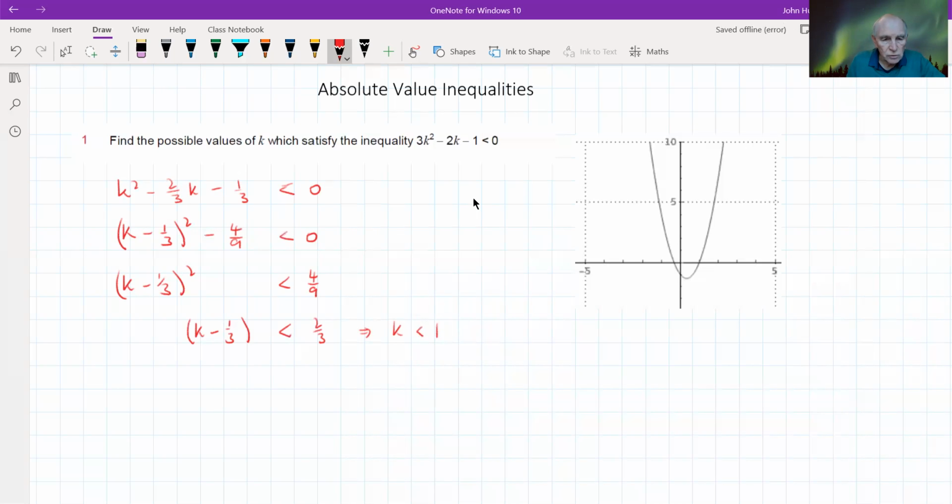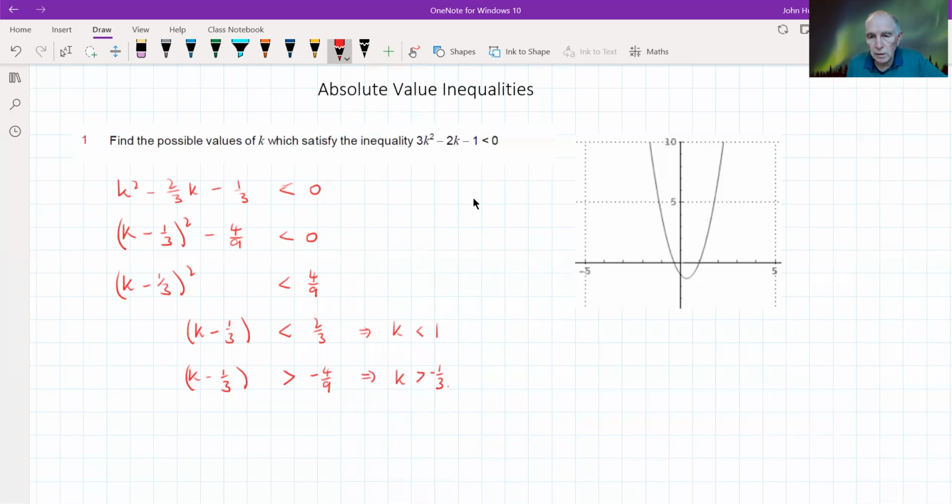If we take the negative square root of this, then we've got to change the sign, so remember to do that. That's going to give rise to the solution k is greater than minus 1/3.